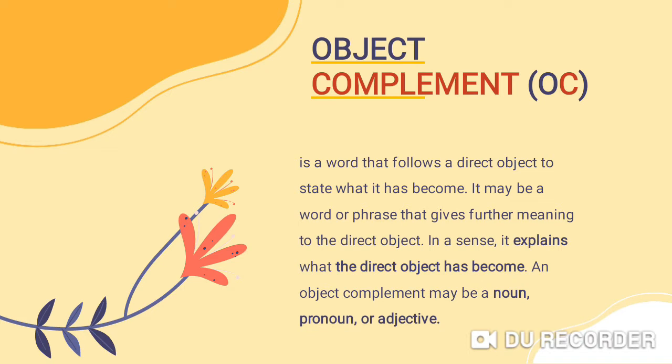And now let's move on to the object complement. What is an object complement? An object complement is a word that follows a direct object to state what it has become. It may be a word or phrase that gives further meaning to the direct object. In a sense, it explains what the direct object has become.